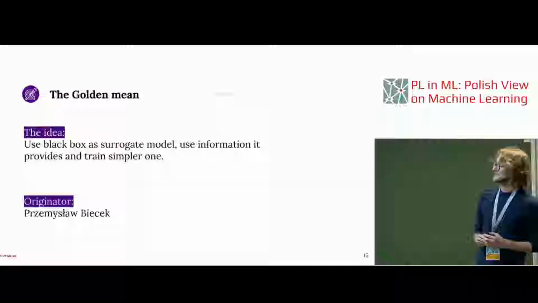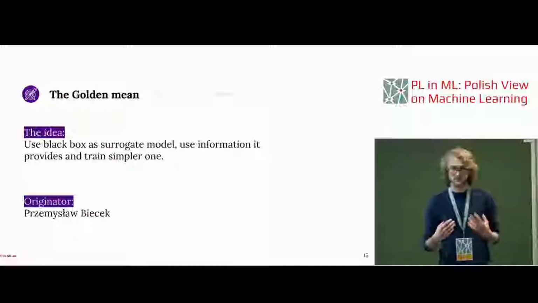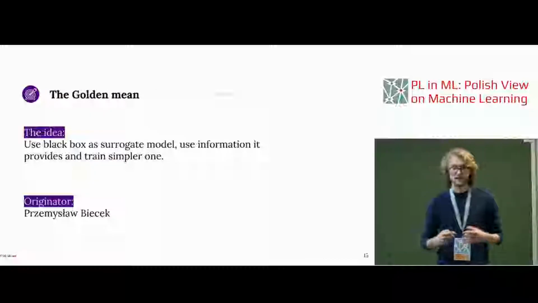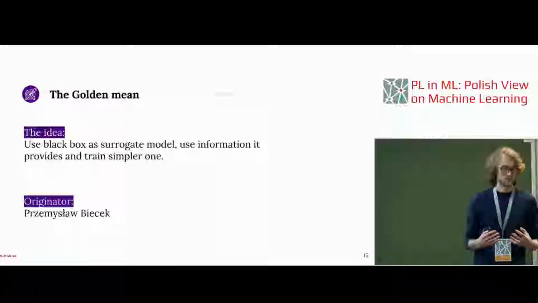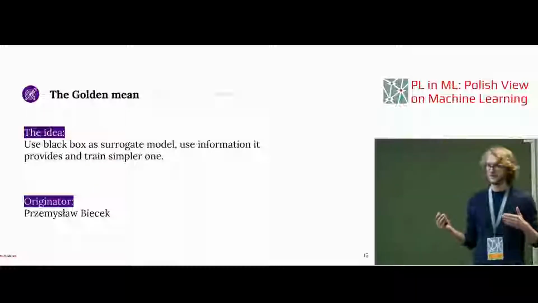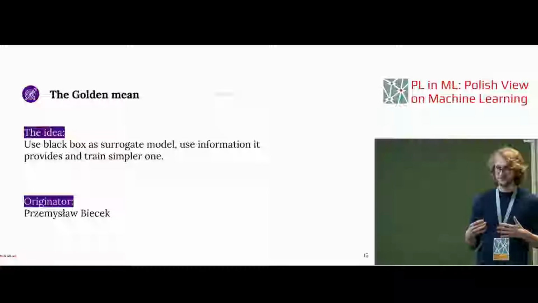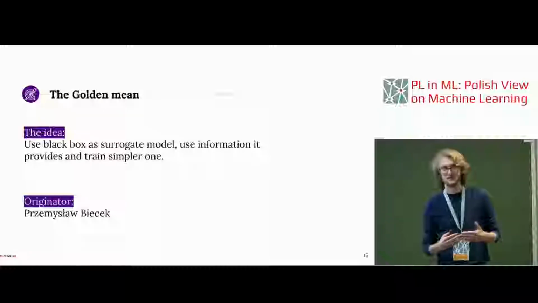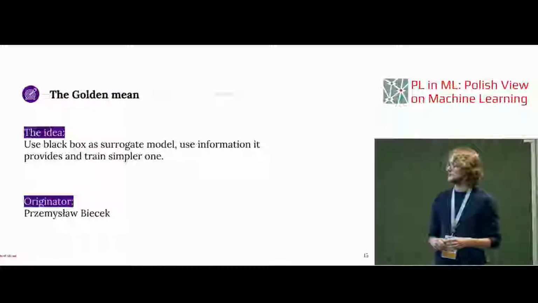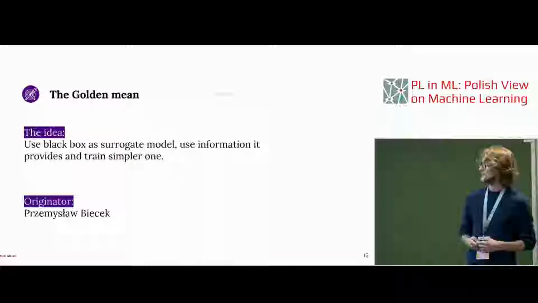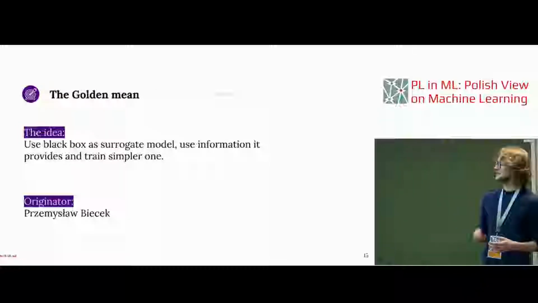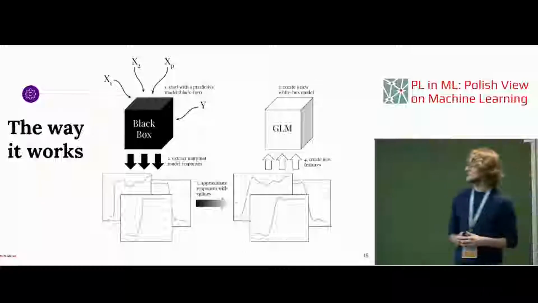It states that we should use the trained black box model as a surrogate one, extract some information from this model, and build a simpler one that inherits some of the information about this black box.